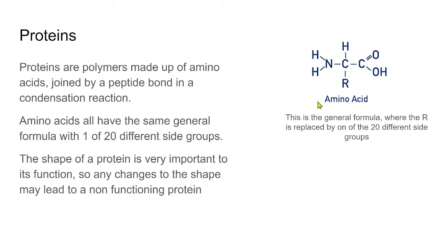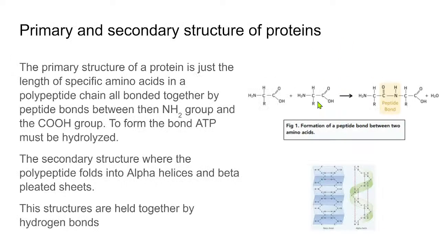So the shape of a protein is very, very important to its function. To change the shape of a protein is to change its function, making it maybe non-functioning or improving its function. So primary structure.